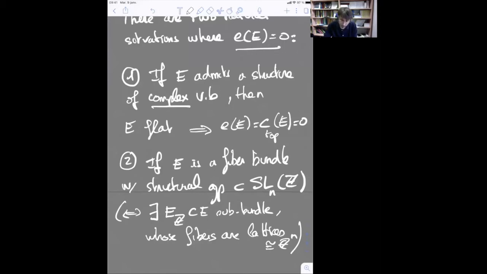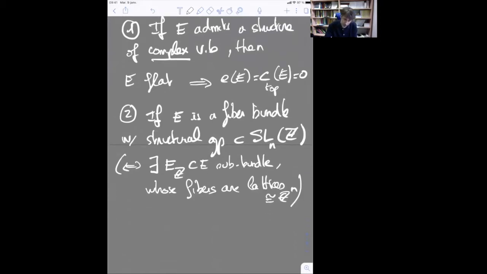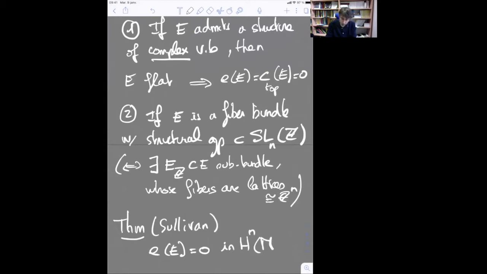And in that case, there is a very nice theorem, an elementary theorem of Sullivan, which says that then the Euler class is 0, not in integral cohomology, but in rational cohomology.